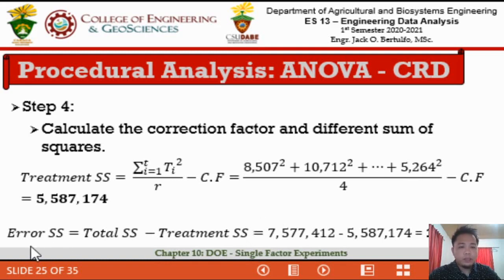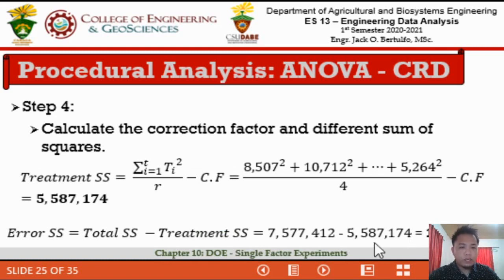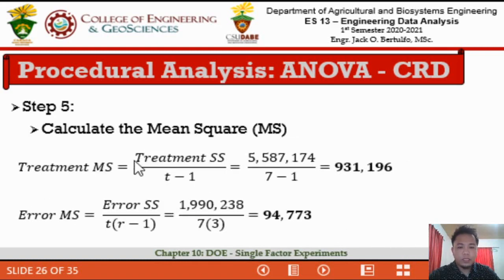Okay? So for error SS, total SS minus the treatment SS. So just katong data nga lang na solve nimo minus. Then you have an error SS of 1,990,238. Okay, so after calculating the sum of square, the next thing to do is to calculate the mean square.